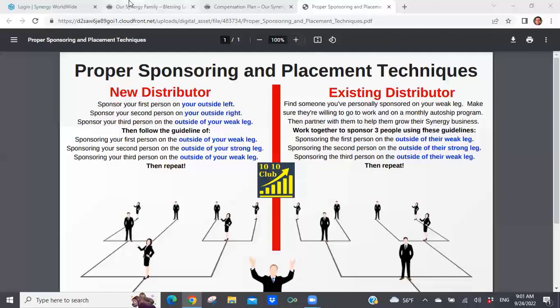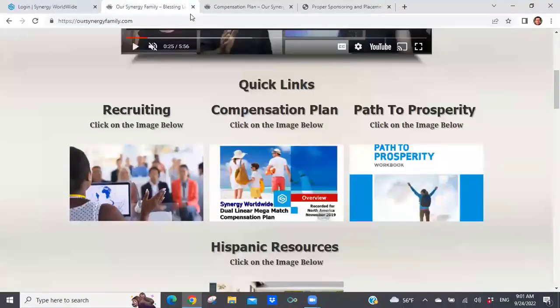So let me go to our Synergy family homepage. When you scroll down from the top of the page, this is the home page. Everything starts on the home page. If you scroll down to the quick links, you see compensation plan.